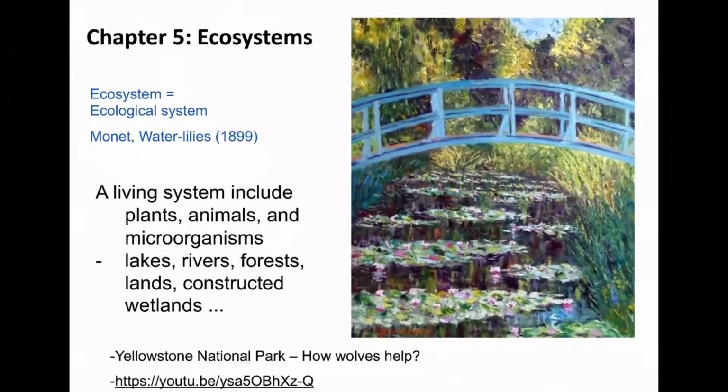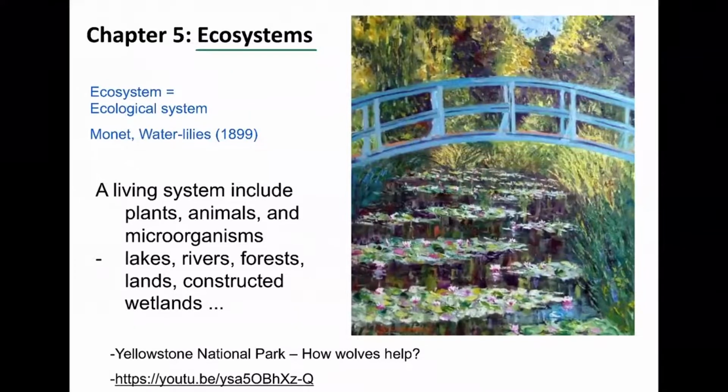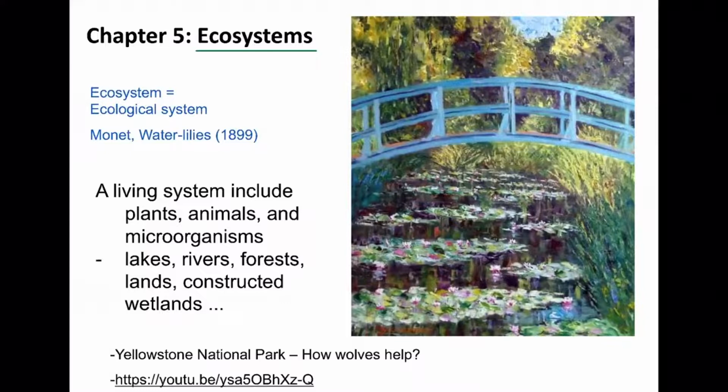Okay, so the first one is the ecosystems. So this chapter is called the ecosystems, which is short for ecological systems. According to its definition, an ecosystem is a living system that includes all different types of living organisms.